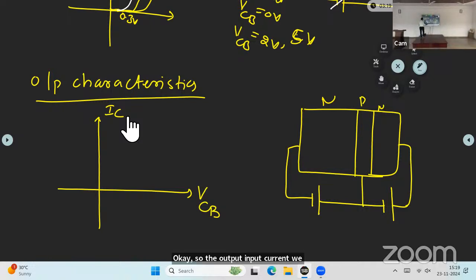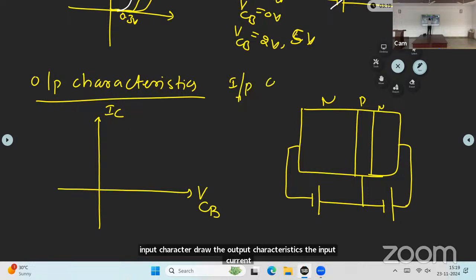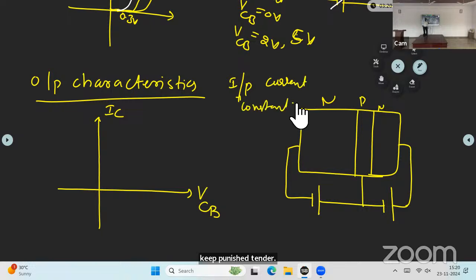To draw the output characteristics, keep the input current constant.